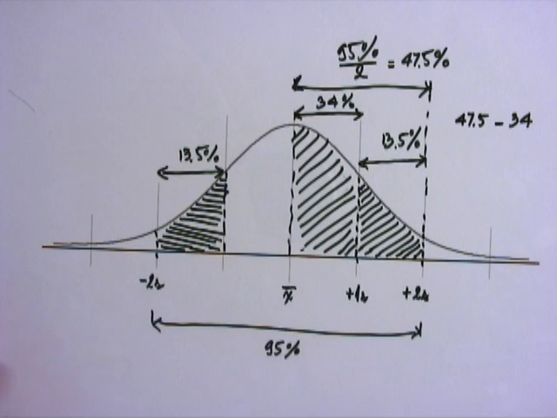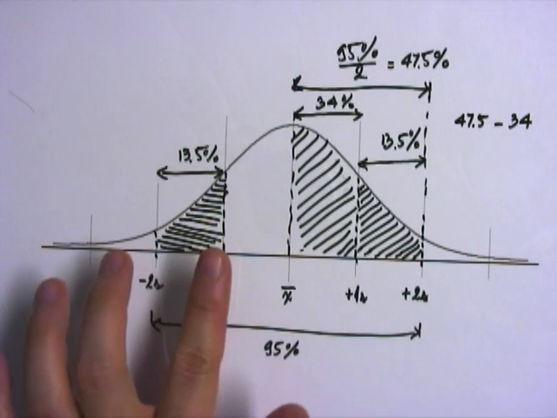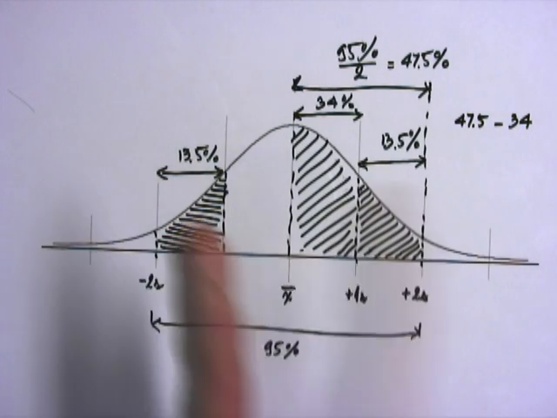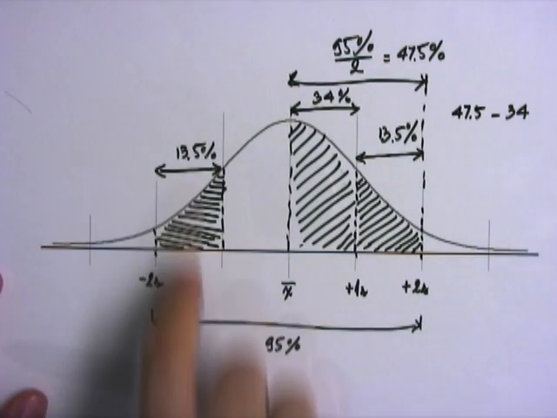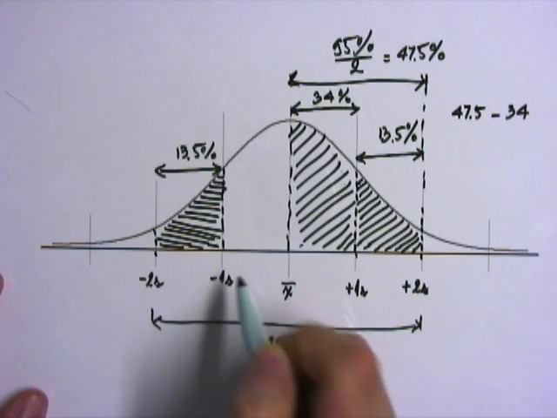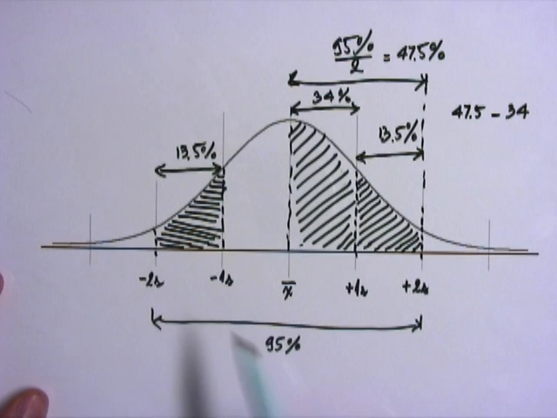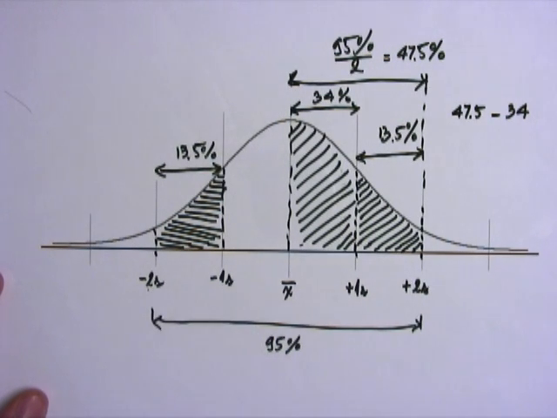You can rely on similar arguments, or you can simply take advantage of the symmetric nature of the normal distribution curve, and you can argue that this similar area to the left hand side of the mean is also 13.5%. That is the interval from 2 standard deviations below up to 1 standard deviation below the mean.